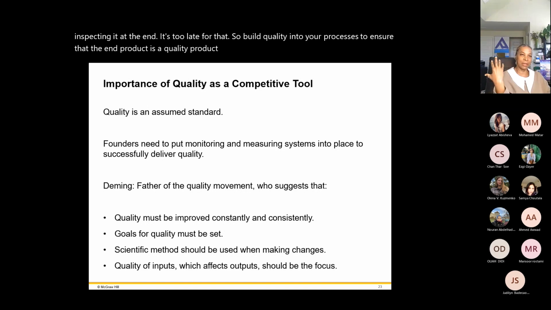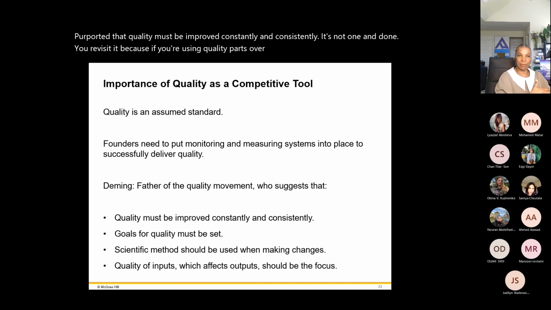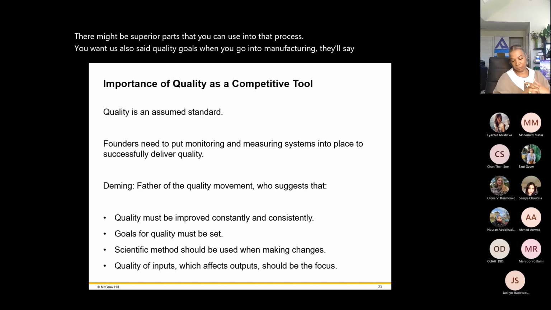So Deming reported that quality must be improved constantly and consistently. It's not one and done. You revisit it, because if you're using quality parts over time, there might be superior parts that you can use in that process. You also want to set quality goals. When you go into manufacturing, they'll say like 99% quality.